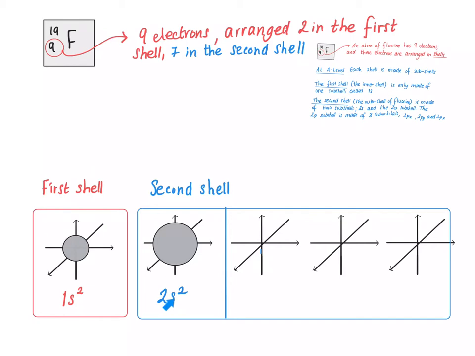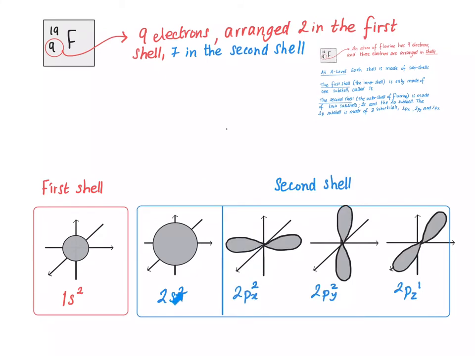So the first 2 electrons go in the 2s subshell, so that is 2s2. This shows there are 2 electrons in the 2s subshell. We then fill up with the remaining 5 electrons. 2 electrons go into the 2px, 2 electrons go into the 2py, and 1 electron goes into the 2pz.